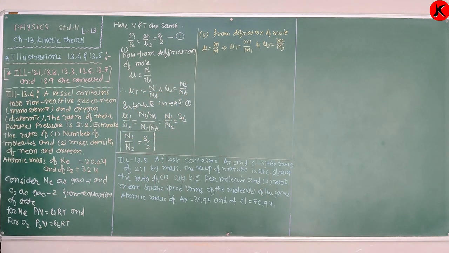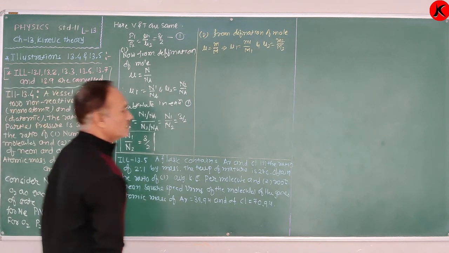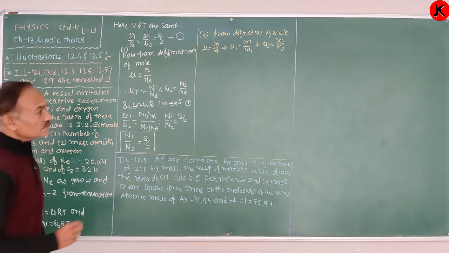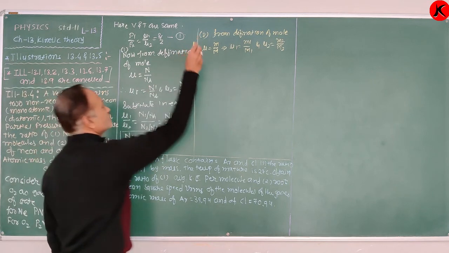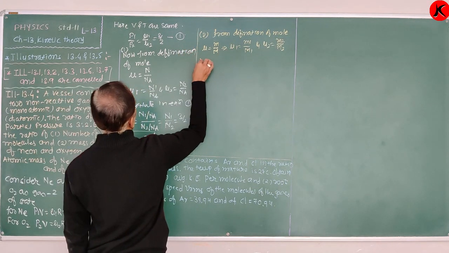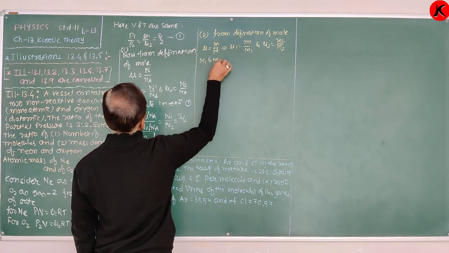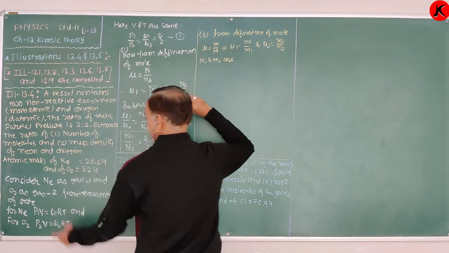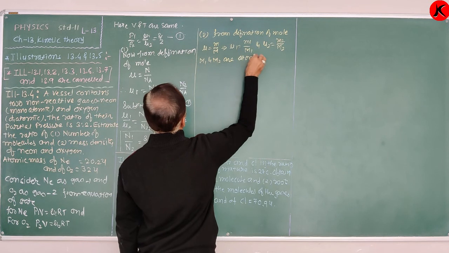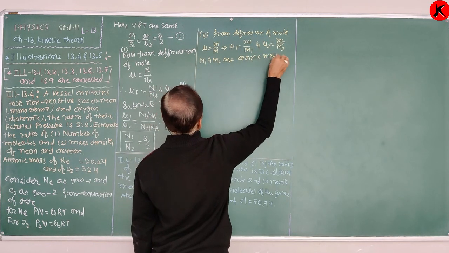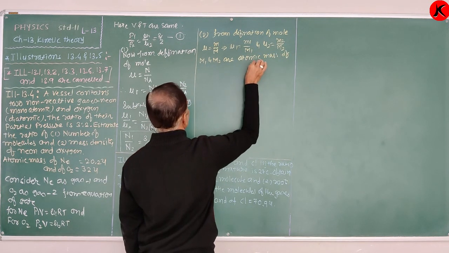Here capital M1 and M2 are the atomic masses of neon and oxygen respectively.